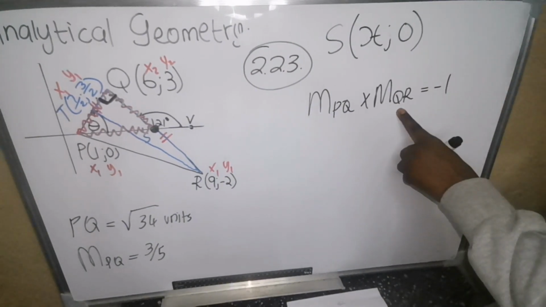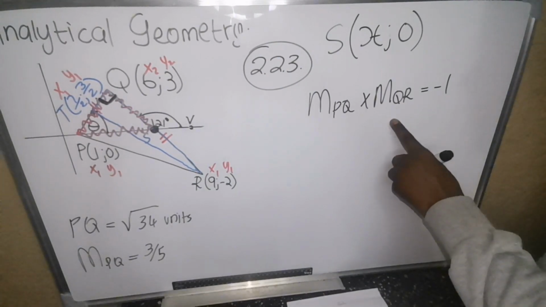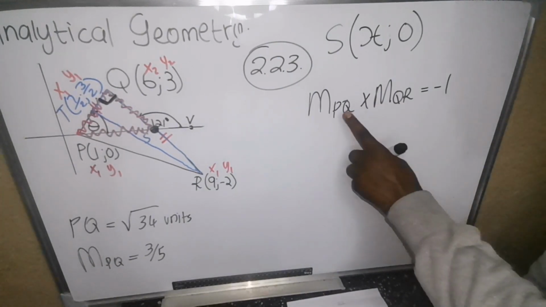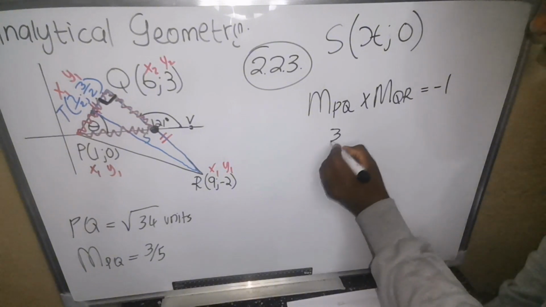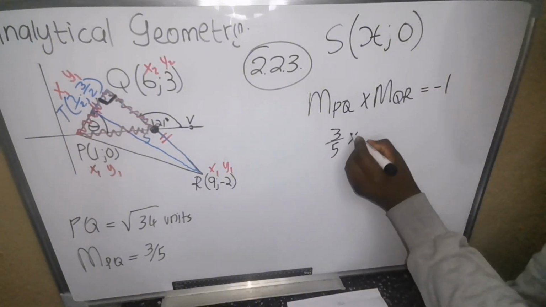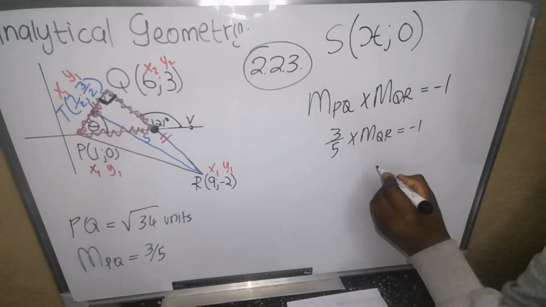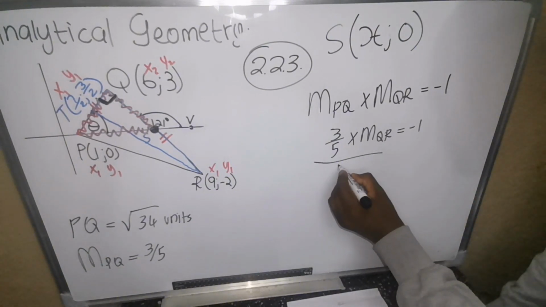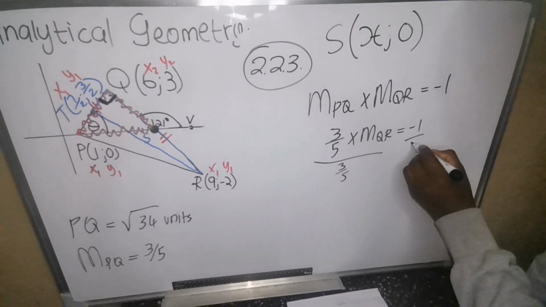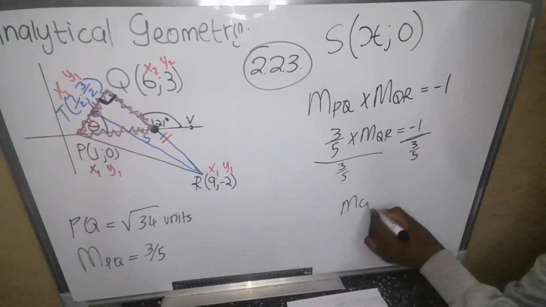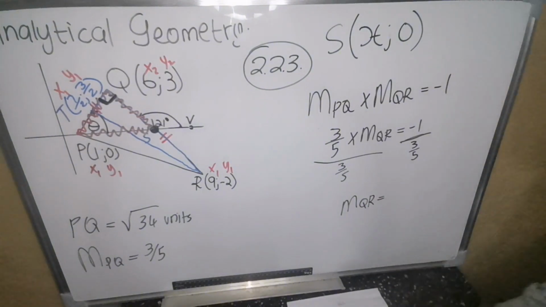This is one of the ways to find the gradient of QR. The gradient of PQ is 3/5. So 3/5 multiplied by the gradient of QR equals -1. Therefore, we divide both sides by 3/5, and we say -1 divided by 3/5.